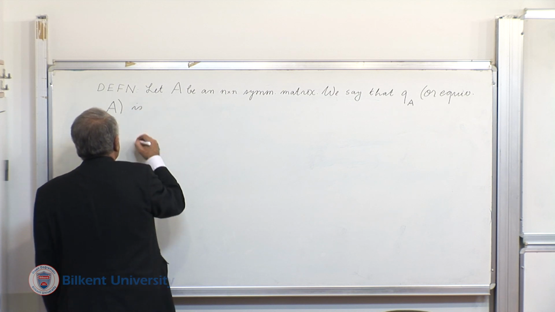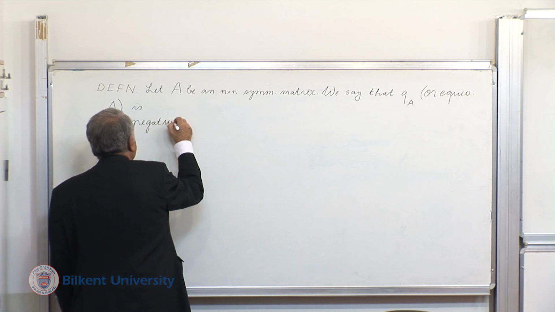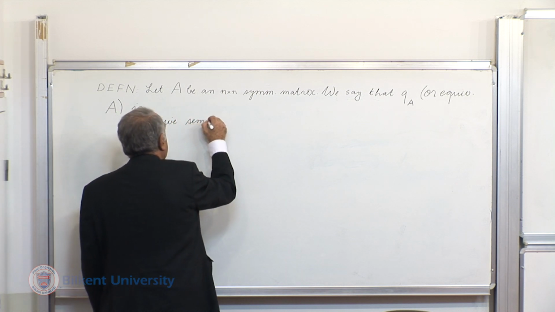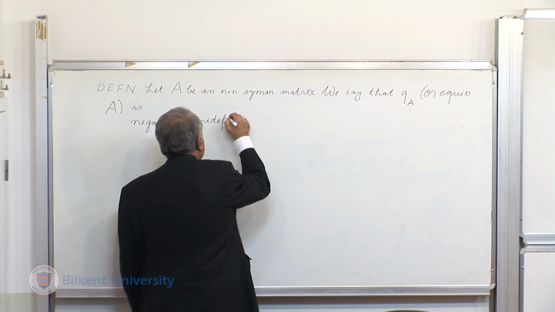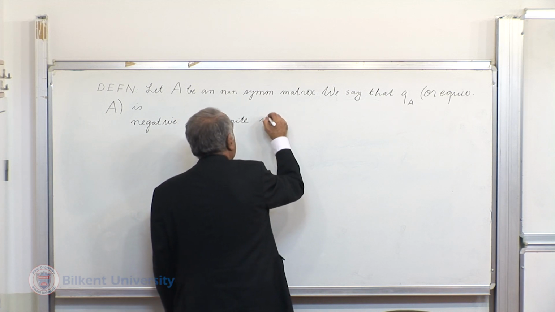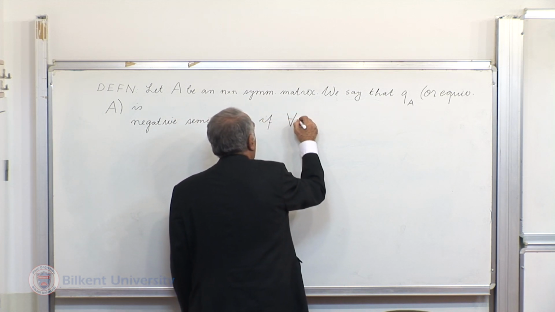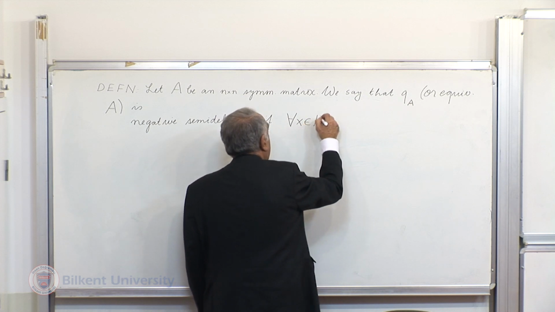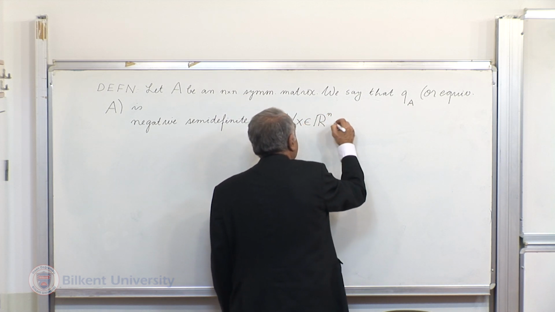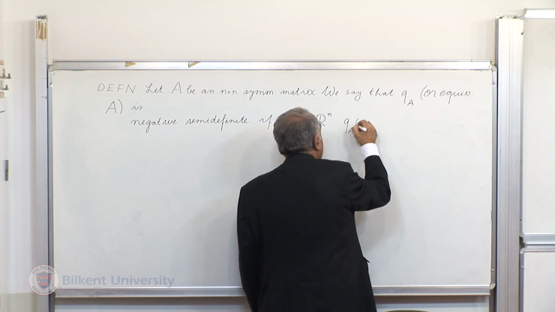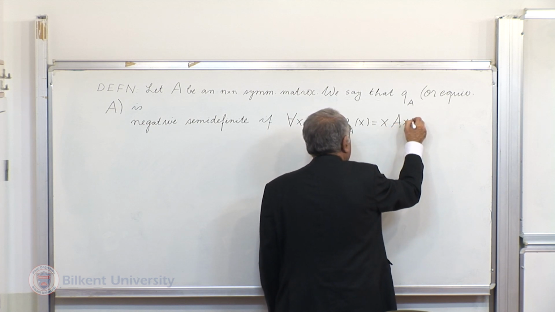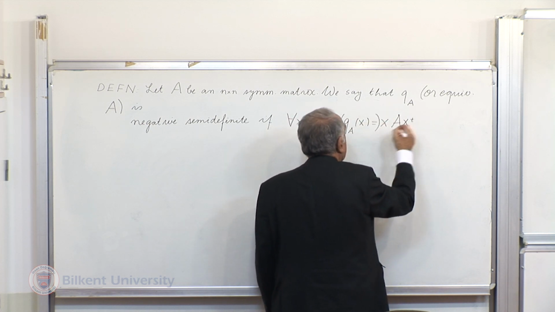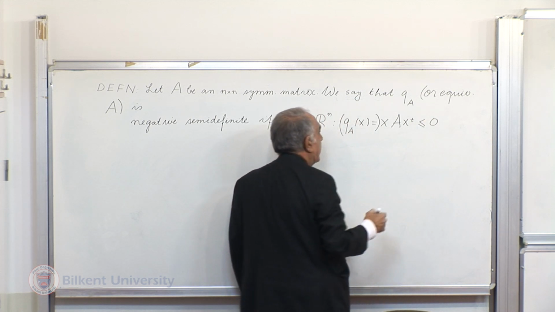This is called negative semi-definite if for all x in Rn, x A x transpose is less than or equal to 0.